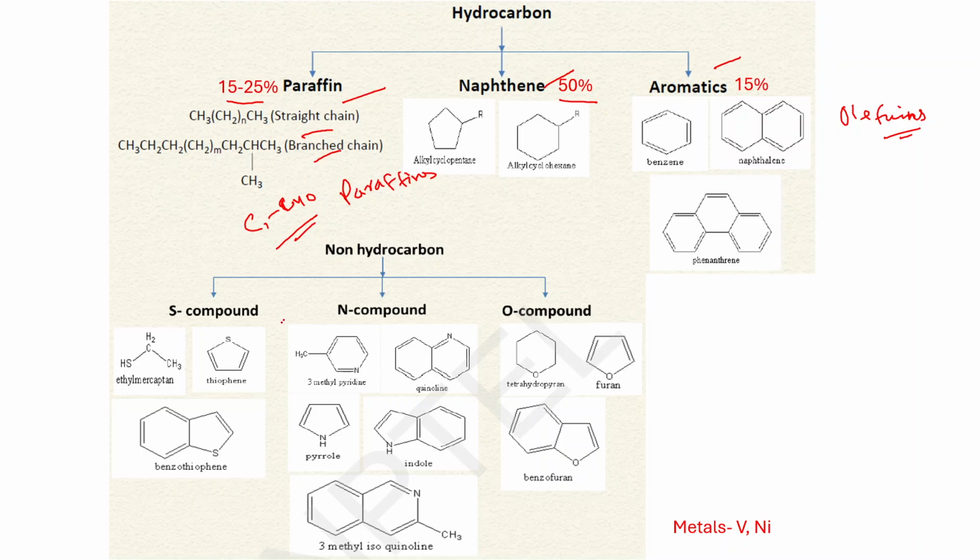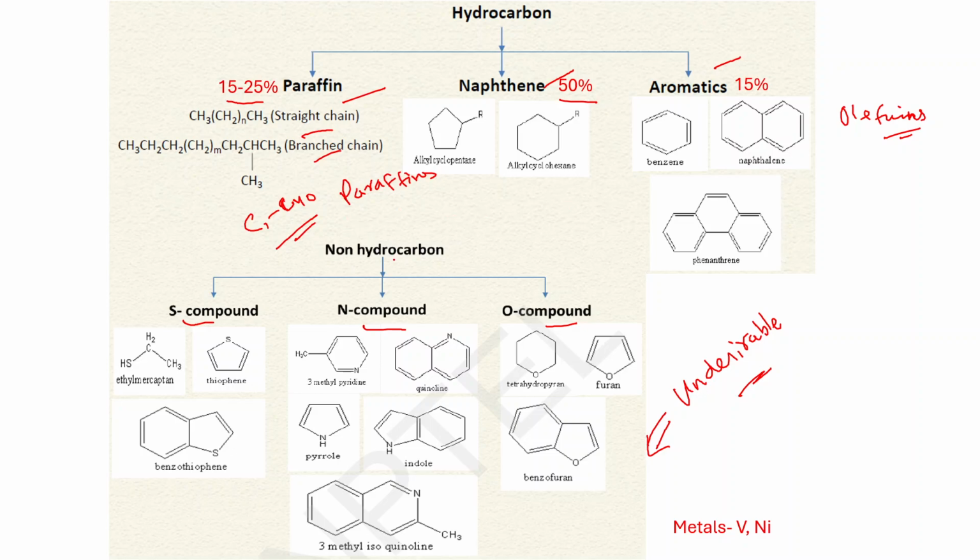And some non-hydrocarbon content is also present. Basically, sulfur compounds, nitrogen compounds, and oxygen compounds are there. These compounds are undesirable since they pose serious issues with the usage of the crude oil.